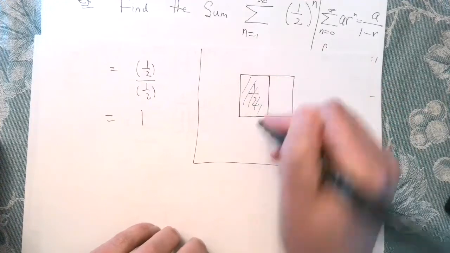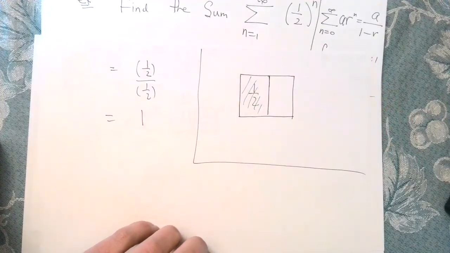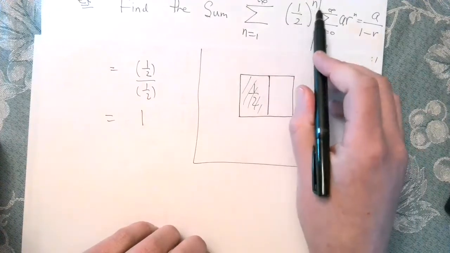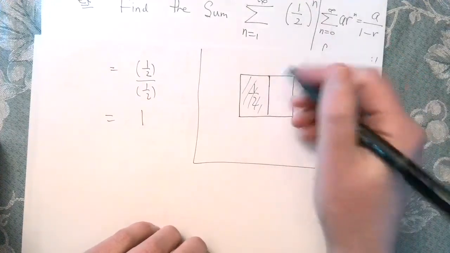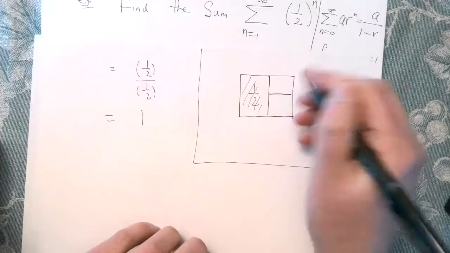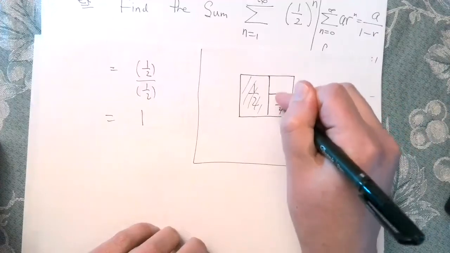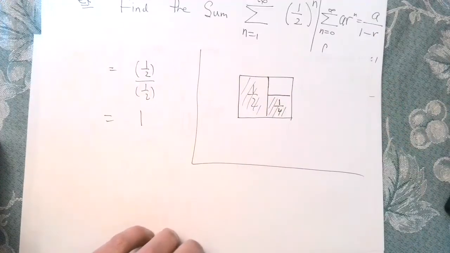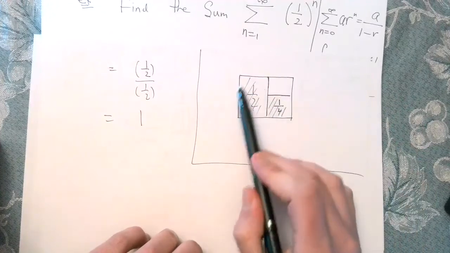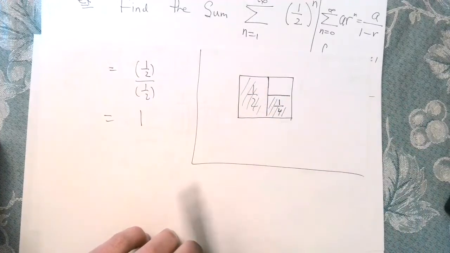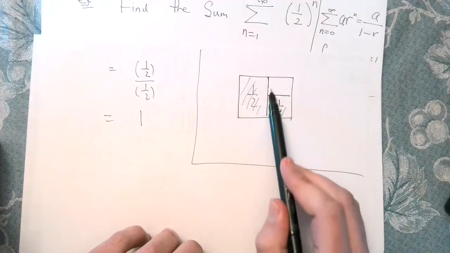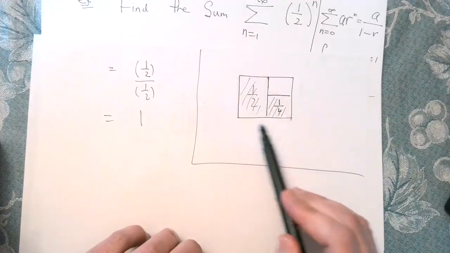That's like the first term of the series, so 1/2. The second term, if I plug in 2, would be 1/4. So there's 1/4. This would be the first term, this would be the second term. Together, this would be the sum of the first 2 terms. Sometimes we call that S2.